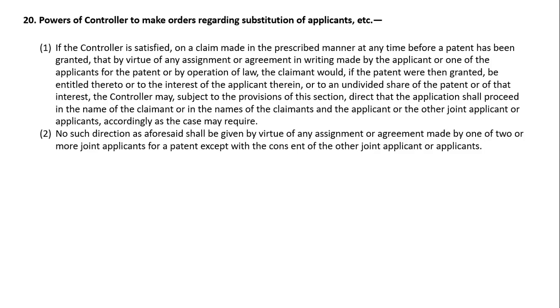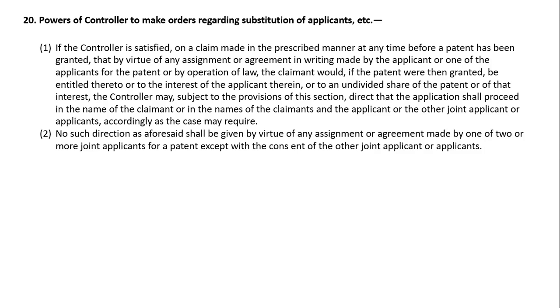Now subsection 2 says that if you are substituting the name of any applicant or adding any applicant, at that time the consent of all the joint applicants is necessary.